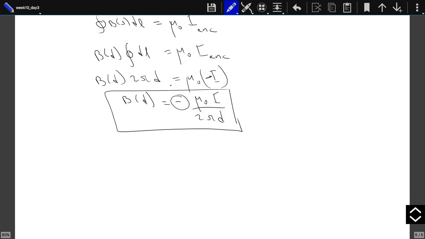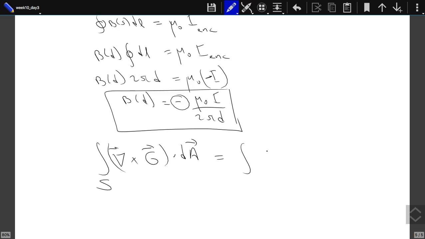Now, the crucial thing about why we choose that direction to be the positive direction anyway is this identity. Take the curl of any vector field integrated over some area. This is equal to the integral of that vector field over a closed loop, which is the boundary of that area.